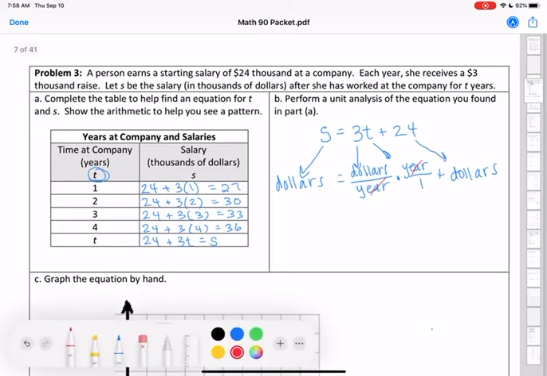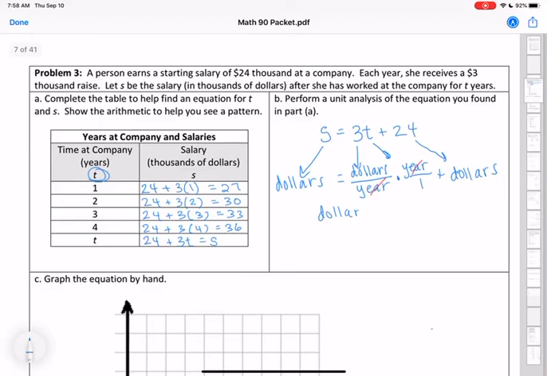So we have dollars here on the left equals dollars plus dollars, which would just be dollars. And then we would just say that the units are the same on both sides, which suggests that our equation is correct. I'll write that down for you.